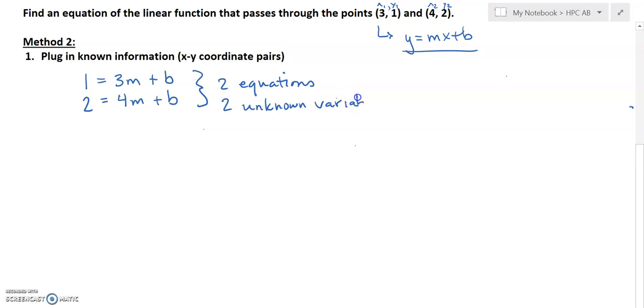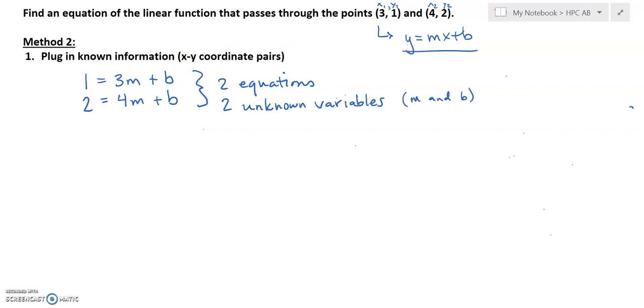And those variables in this particular case happen to be m, which is the slope, and b, which is the y-intercept. And those are the two variables of interest anytime we're talking about a linear equation. So what we've done is created a system with the two variables of interest, and we can go solve these. And when we're solving them, we're actually coming up with information that's relevant to what we're trying to do. We're trying to find the slope and the intercept of this particular function.